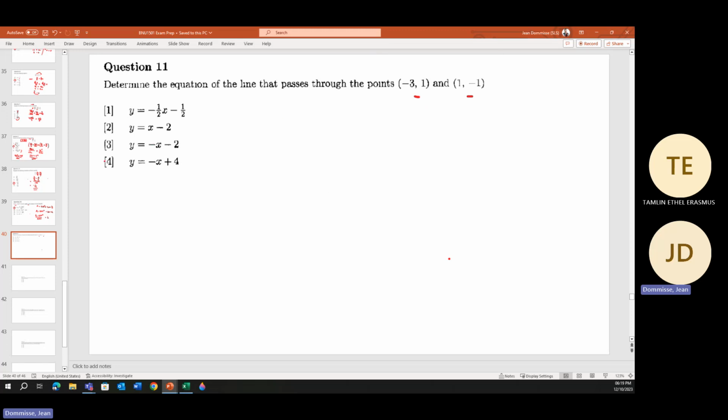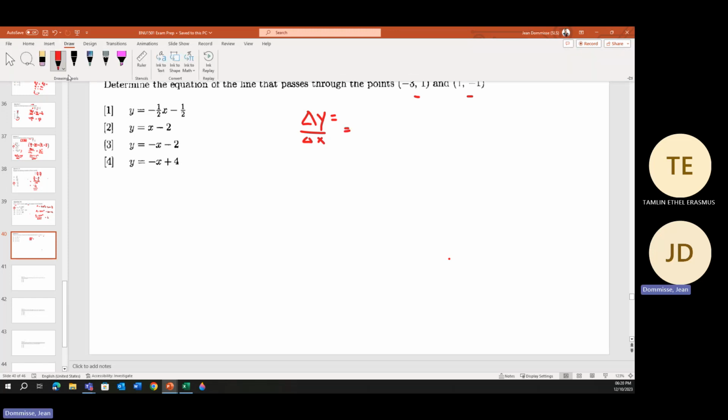The first thing I would do, if I look at those 2 points, is work out the slope. And the slope is basically the change in y over the change in x. So let's write this a bit better.